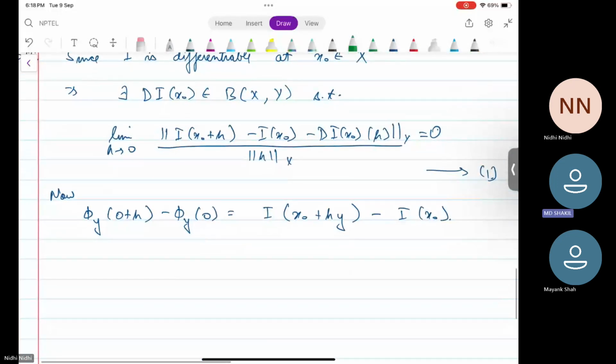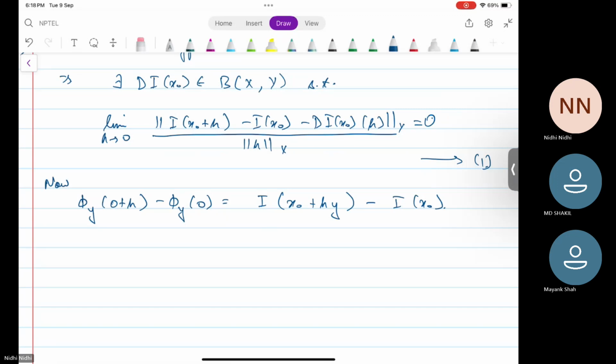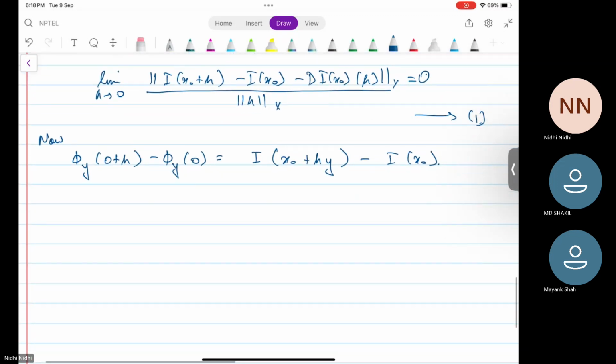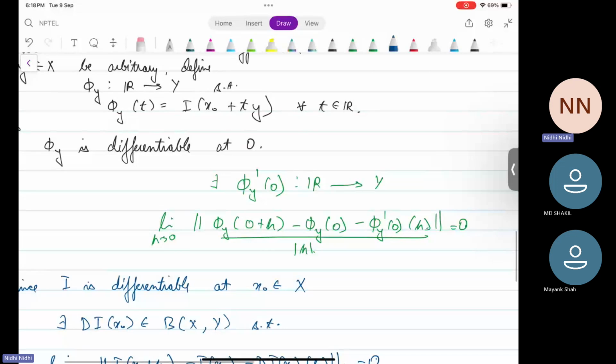Okay, ma'am. That's why here I took modulus.